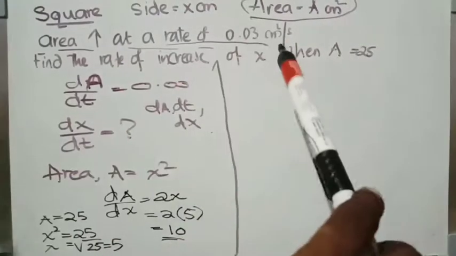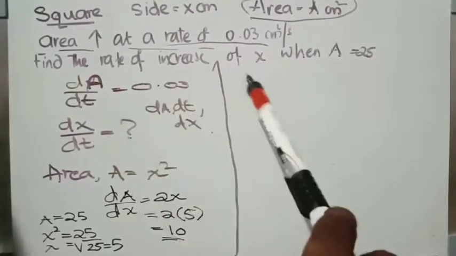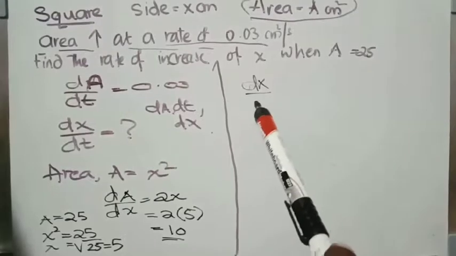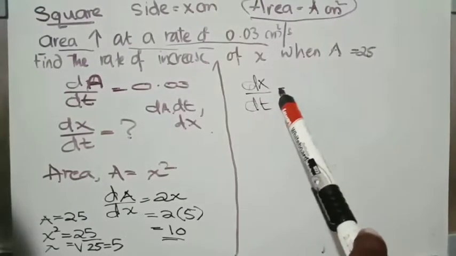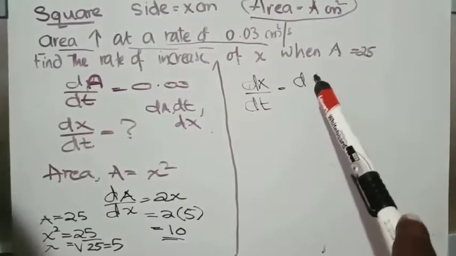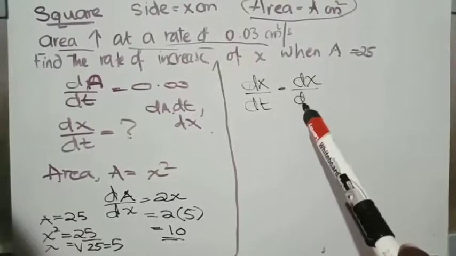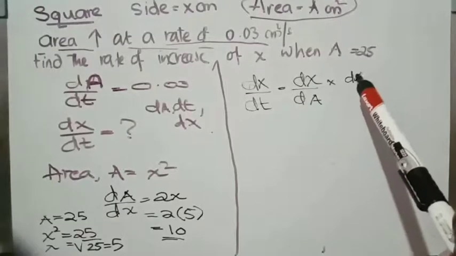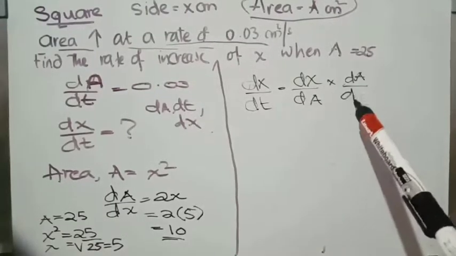So let's find dx by dt now. We want dx by dt. dx by dt is dx by dA multiplied by dA by dt.